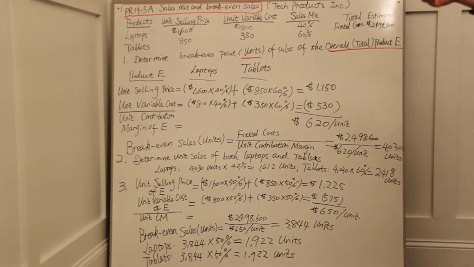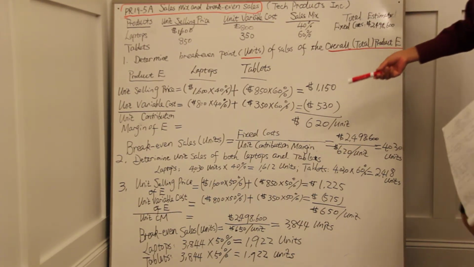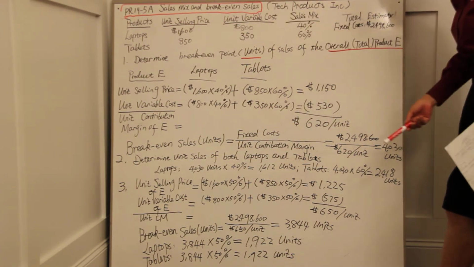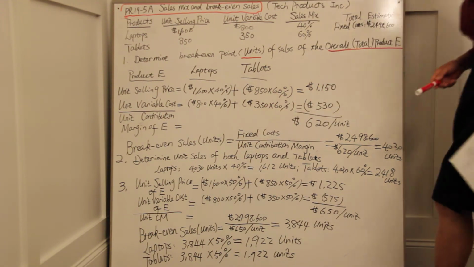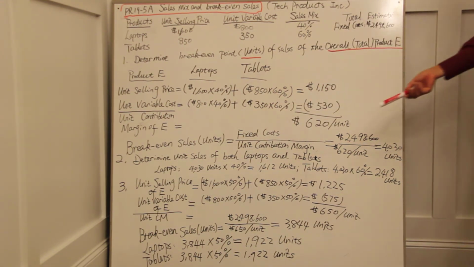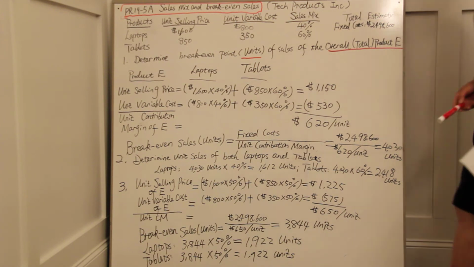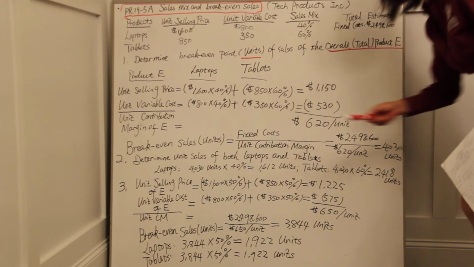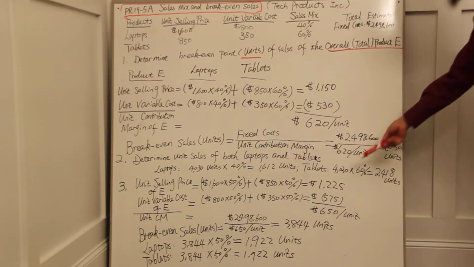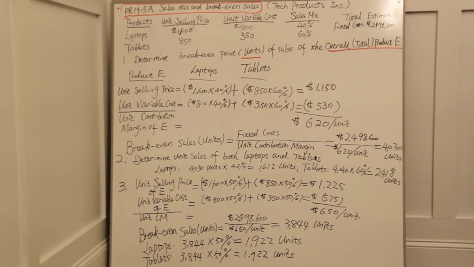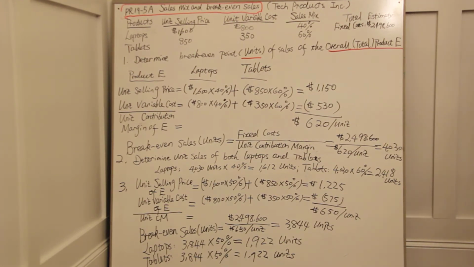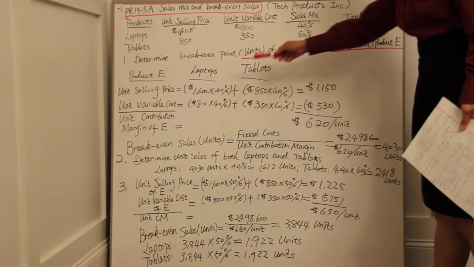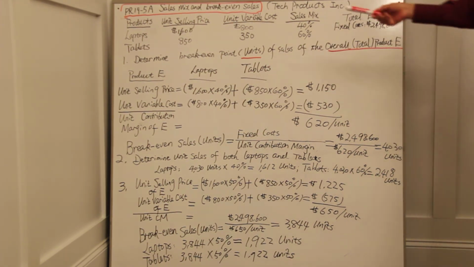So now the unit selling price for product E will be equal to the laptops' unit selling price times 50% sales mix plus the tablets' unit selling price times 50% sales mix. It gave us a unit selling price for product E of $1,225. We do the same for the unit variable cost of product E, like what we did in number 1.